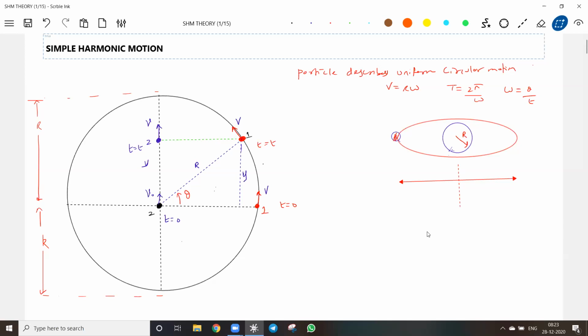Let me do one thing. There's some asteroid; I'll write it. There's a planet here, so there's a circular path.